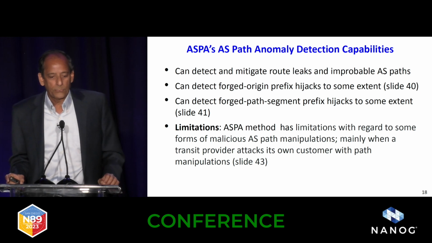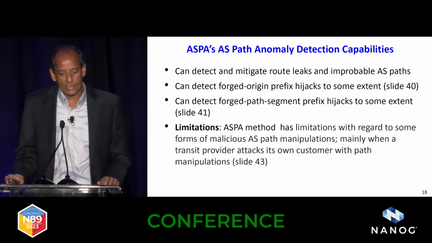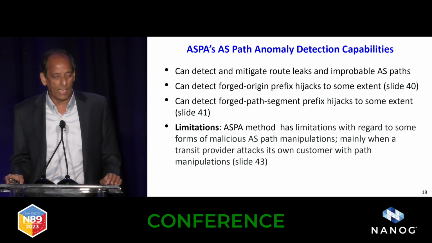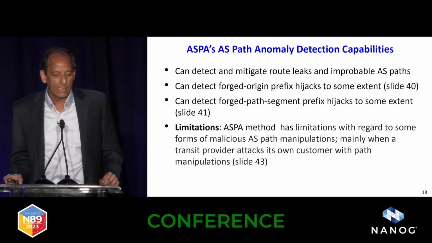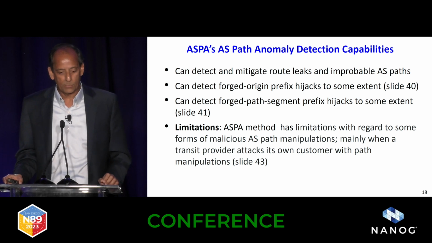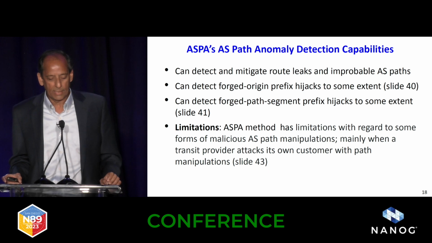So in terms of what ASPA path verification is capable of, it can detect and mitigate route leaks and also improbable or infeasible AS paths. It can also detect forged origin prefix hijacks to some extent. It can detect forged origin path segment prefix hijacks also to some extent. We will describe how that works later on in slides 40 and 41.